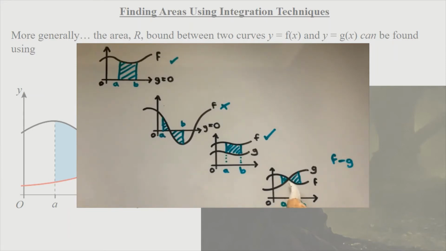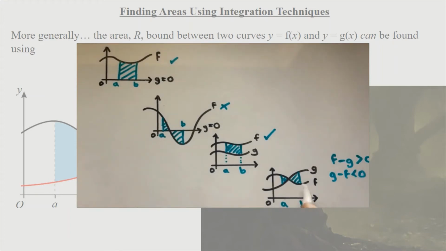On the left hand side before the intersection, f is clearly above g, so that will give me a positive area or a positive integral. On the right hand side of the intersection, g is now above f. So if I have f subtract g, the integral I will get will be negative.